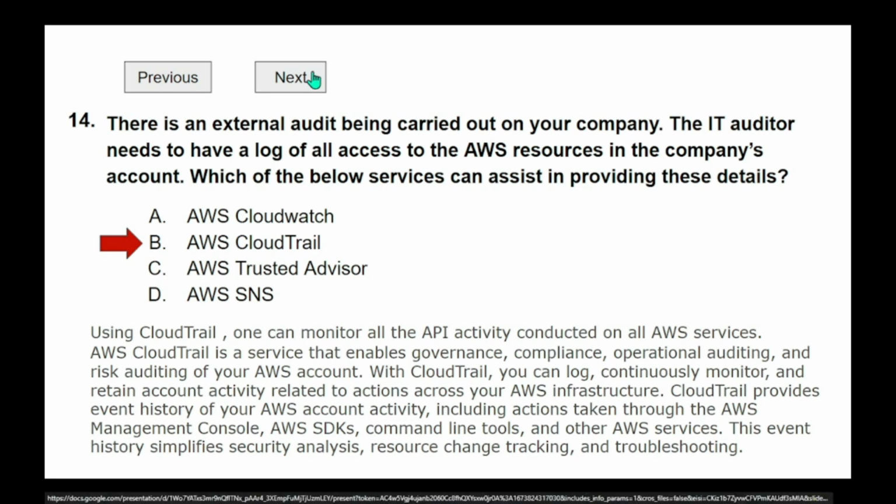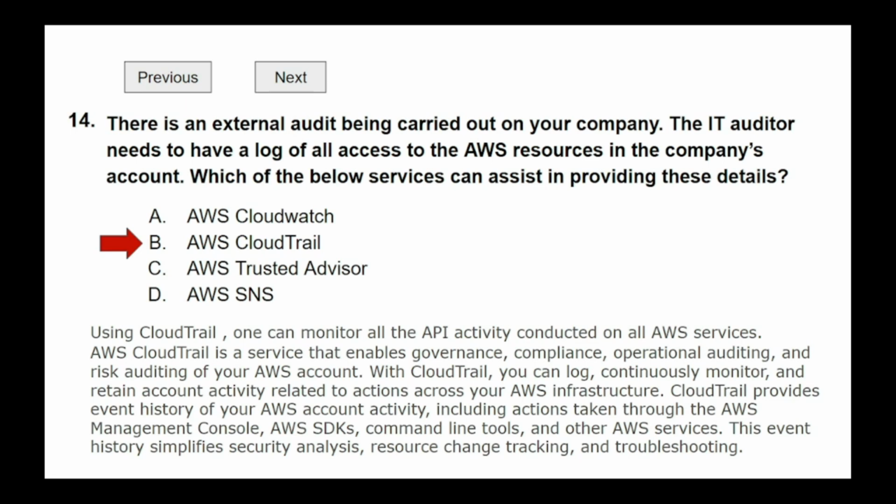AWS Trusted Advisor provides recommendations that help you to follow AWS practices that will help you optimize your AWS infrastructure, improve your security and performance, reduce cost, and monitor service quotas.